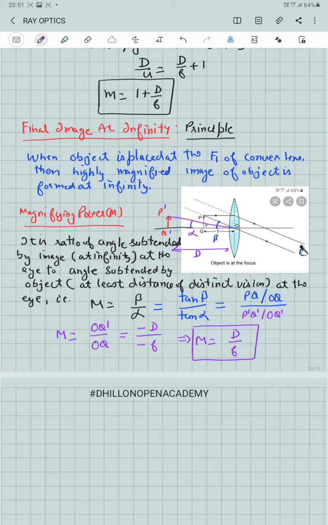Reason: when the final image is formed at the least distance of distinct vision, the eye muscles are under maximum tension, due to which a maximum amount of strain is felt in the eye, so we cannot observe the image for a long interval. But when the final image is formed at infinity, we can observe the image for a long interval of time, so we call it a relaxed eye view.